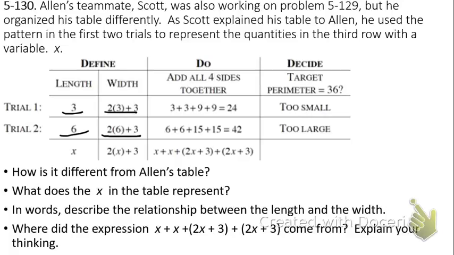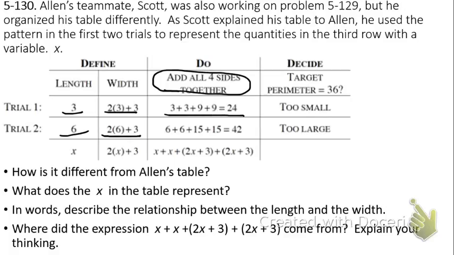I also notice that one of the other differences is before Alan was saying that we multiply both sides by 2 and add them together. Scott is saying that we add up all the sides. Now what we can see is that 3 plus 3 would really be the same as 3 times 2. 9 plus 9 is really the same as 9 times 2.